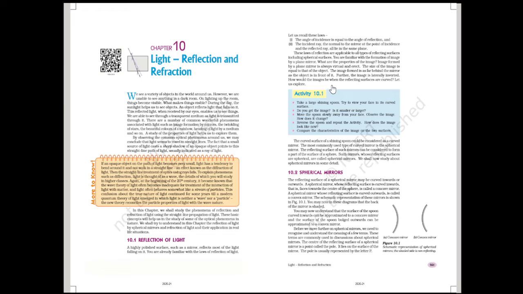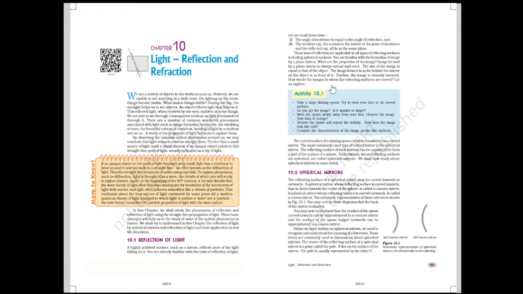Image formation by a mirror is just an application of a principle, while the twinkling of stars, the beautiful colors of the rainbow, and bending of light by a medium are all applications depending on the properties we learn from this chapter.